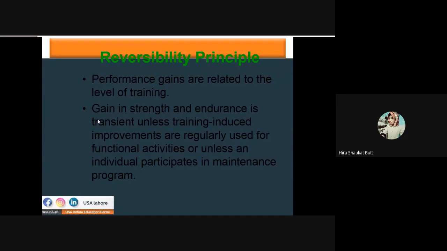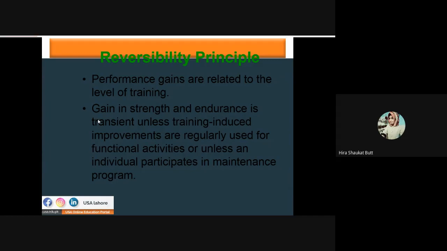So the first principle, of what we have gone through so far, was the overload principle. Second was the set principle. The overload principle was saying that you can place more load on the muscle, but gradually. Second was the set principle, that is, the muscle can be adapted to the imposed demands.